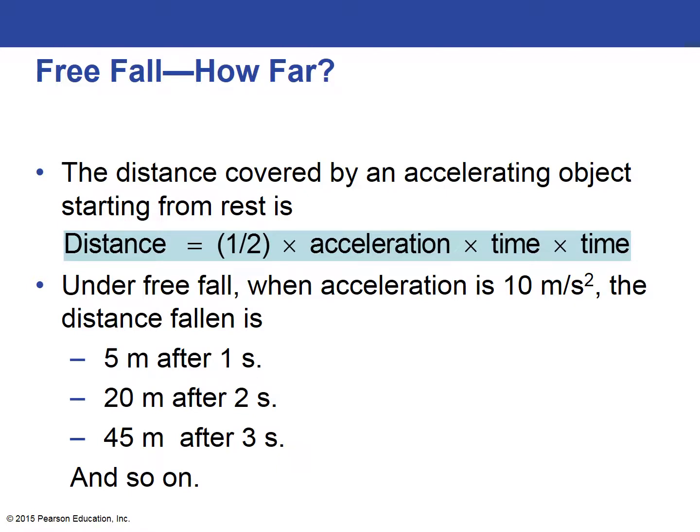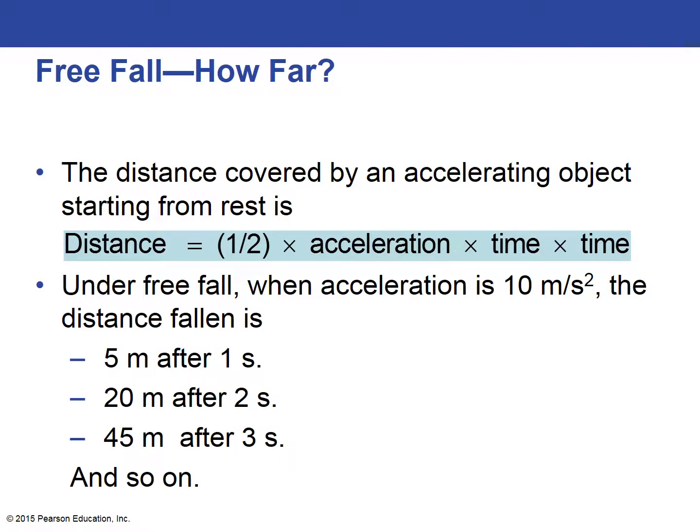It is distance equals 1/2 acceleration times the time since the dropping of the ball, squared. So in this case, for example, when we drop the ball, we want to say how far did it fall after 1 second. So 1/2 acceleration is 5.